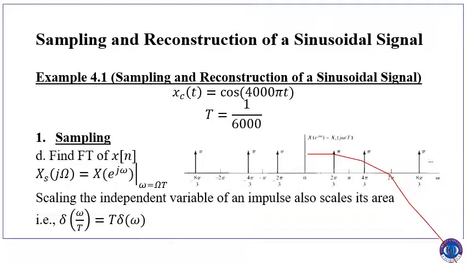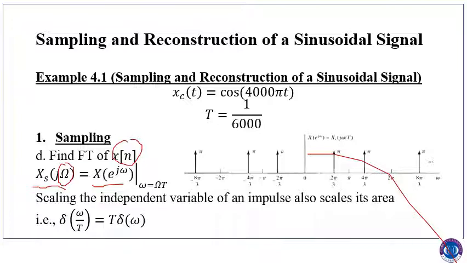Now this slide is very important to understand. Previously we sampled this signal, but the sampled impulse train is in the continuous domain. So we have obtained this signal Xs(jω). This is not the Fourier transform of x[n]. The Fourier transform of x[n] is X(e^jω). So what we have to do is replace capital omega with small omega.